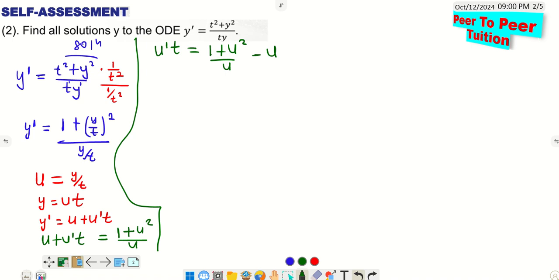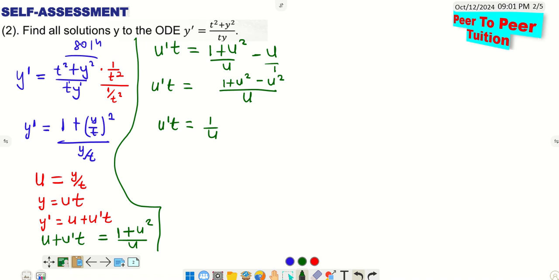Let us continue. I have u prime t should be equal to, I can make u the LCM, so I have 1 plus u squared minus u squared. Then I finally have u prime t should be equal to 1 over u.